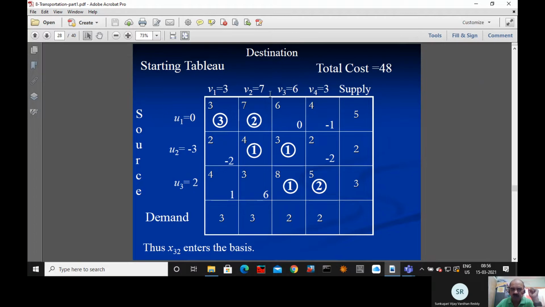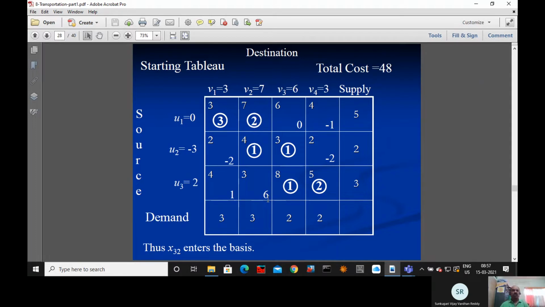U3 equal to 2, V2 equal to 7. So 2 plus 7 is 9, 9 minus 3 equal to 6. So you see there is one positive quantity, this is 1. Another is 6. The most positive is 6. So we got the most positive element here, that is 6.